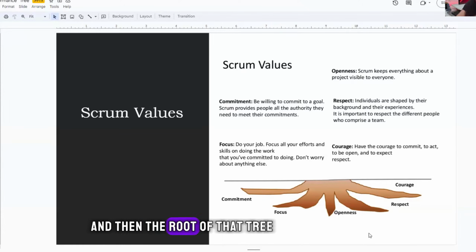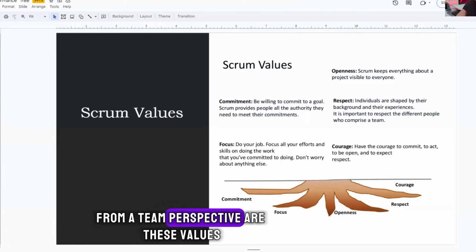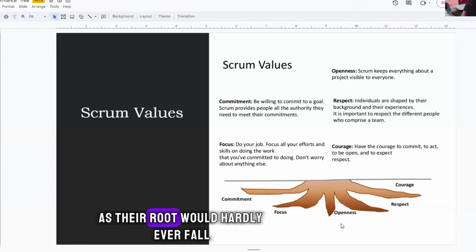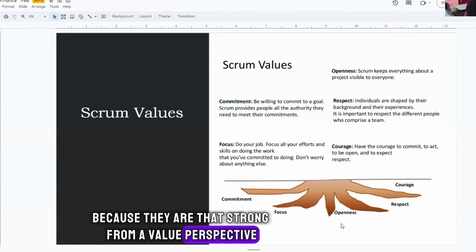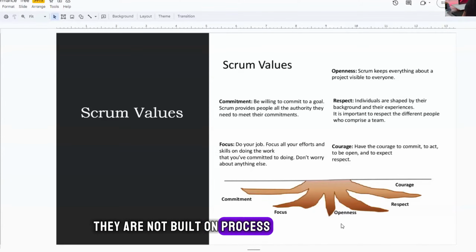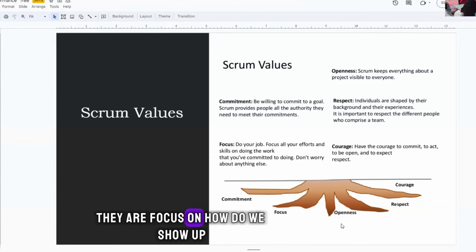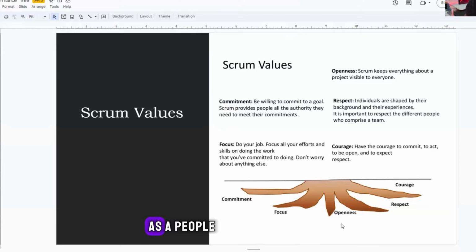And then the root of that tree from a team perspective are these values. A team that has the Scrum values as their foundation, as their root, would hardly ever fall because they are that strong from a value perspective. They are not built on process. They are not built on, okay, let's go and do some Scrum events every day. That's not really what they are focusing on. They are focused on how do we show up as people, as individuals, as a collective. How do we show up every day?